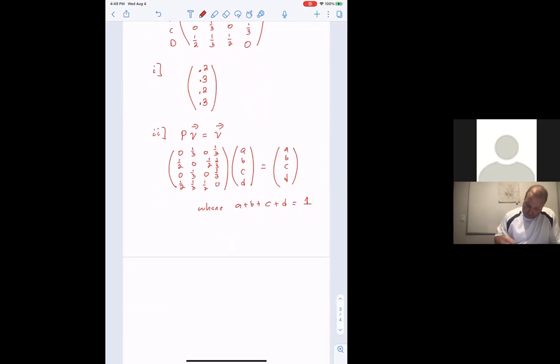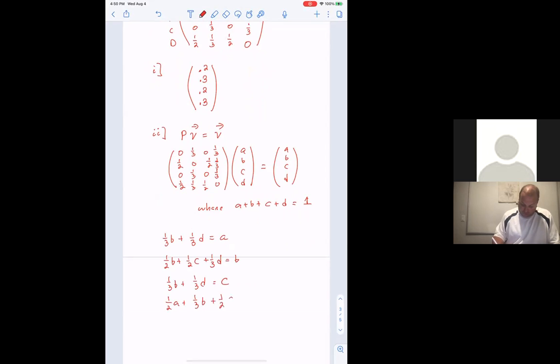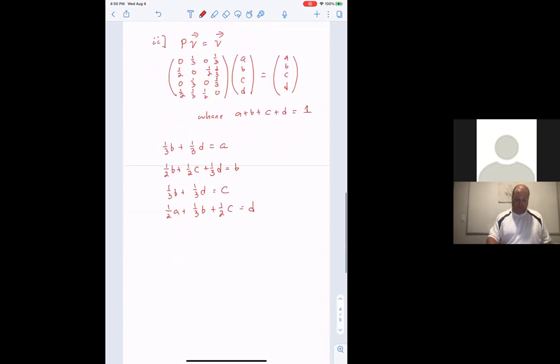So my first row becomes 1/3 B plus 1/3 D is equal to A. The second one becomes 1/2 B plus 1/2 C plus 1/3 D is equal to B. The next one is 1/3 B plus 1/3 D is equal to C. And then we have 1/2 A plus 1/3 B plus 1/2 C is equal to D. Those are my 4 equations.